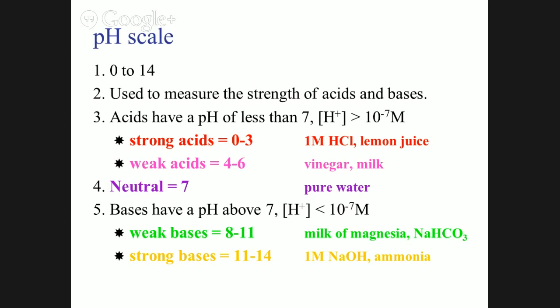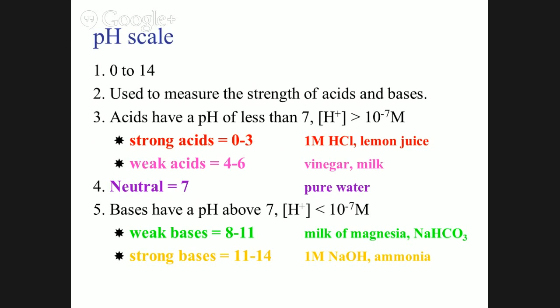If we have the high numbers pH-wise, in other words, 8 to 11 and 11 to 14, then we have the bases. And then we subdivide it into strong and weak. So the very lowest numbers are the strong acids, 0, 1, 2, 3. 4, 5, 6 are the weak acids. Strong bases, 8, 9, 10, 11. Strong bases, 11 to 14.